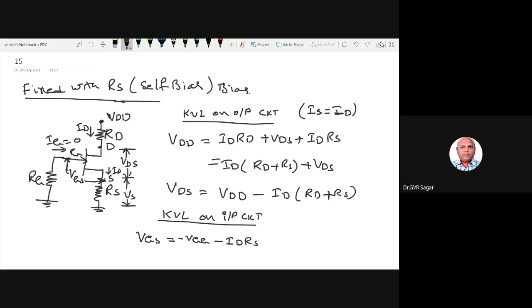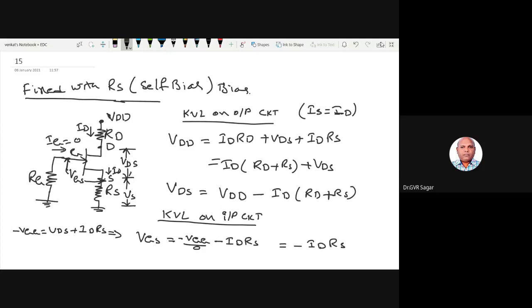We don't have VGG here, we are making VGG zero, so this becomes 0. So this is equal to minus ID into RS. Is it not? VGS is equal to the applied voltage minus the voltage drop across this.